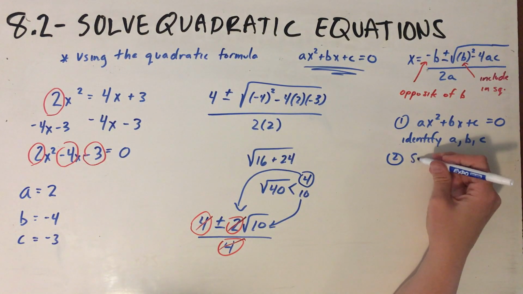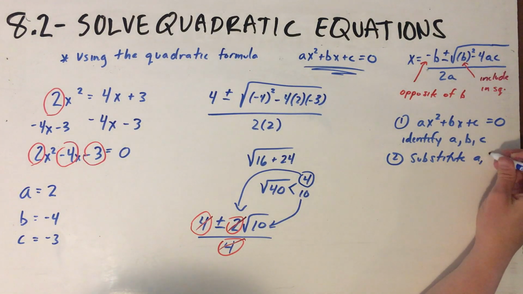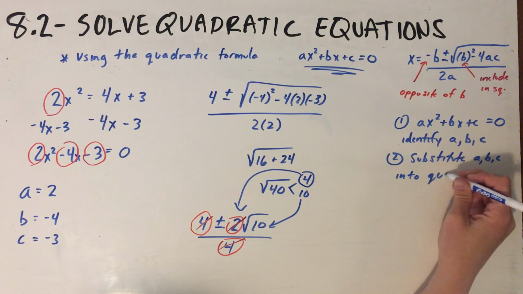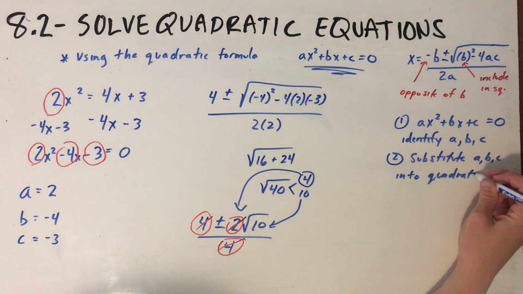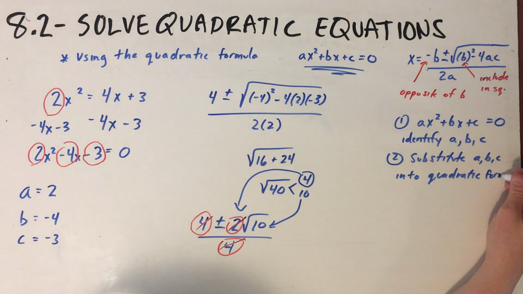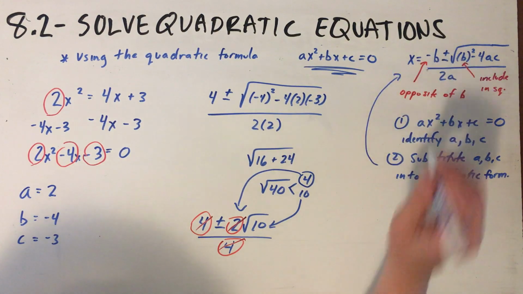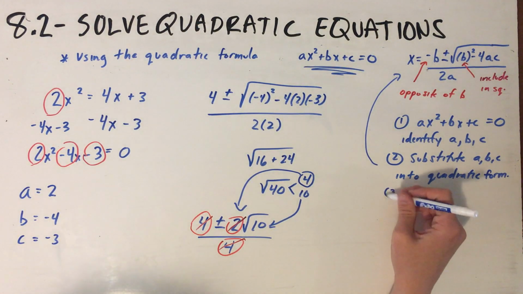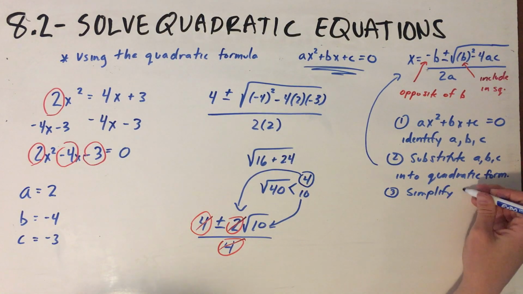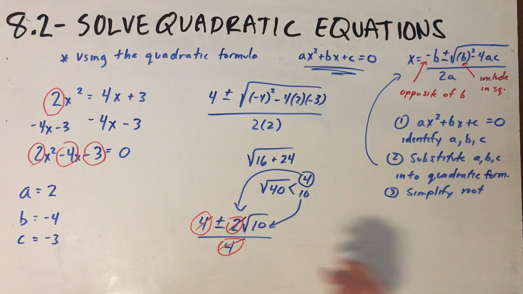Then we're going to substitute those values into the quadratic formula. I'm just going to call it the quadratic form. We're going to substitute those into here. And then the third thing we're going to do is simplify the root and the rest of the expression.